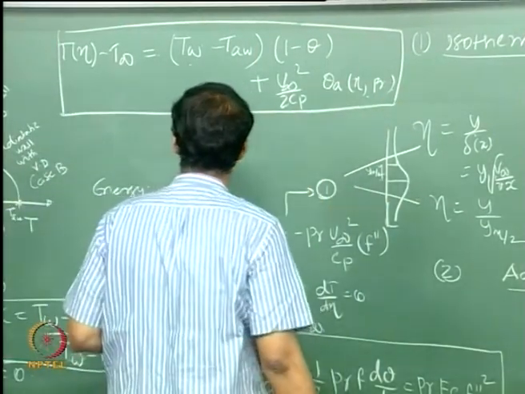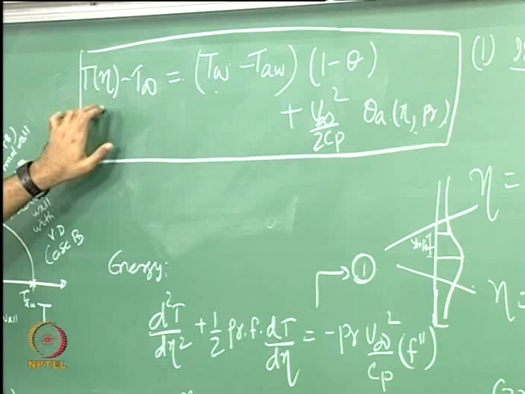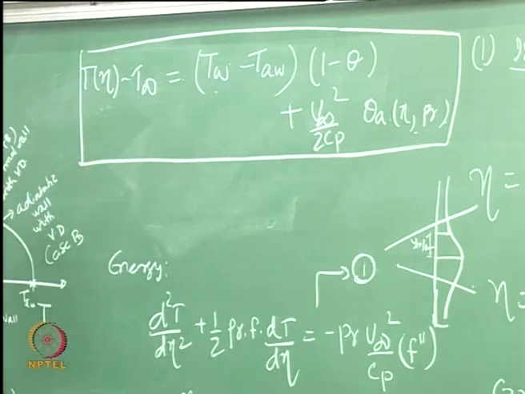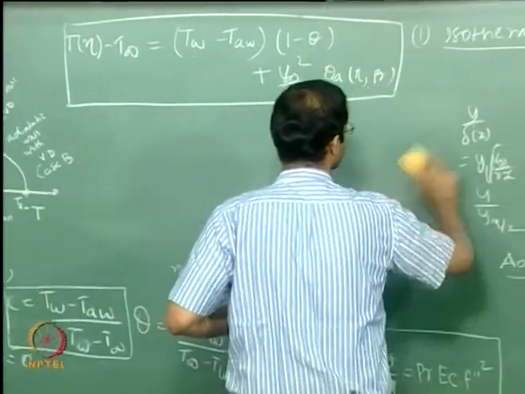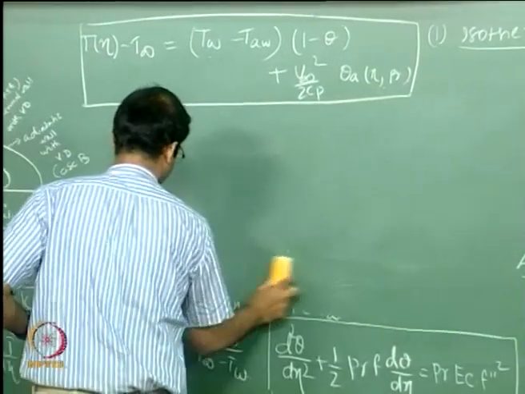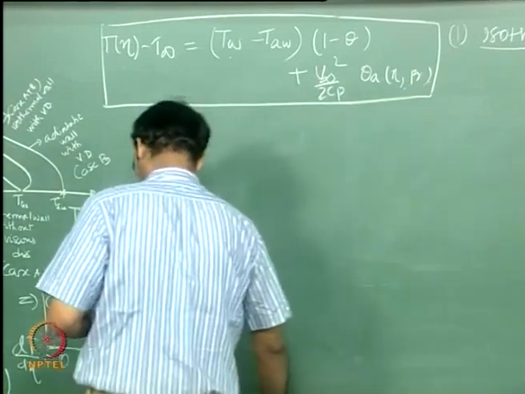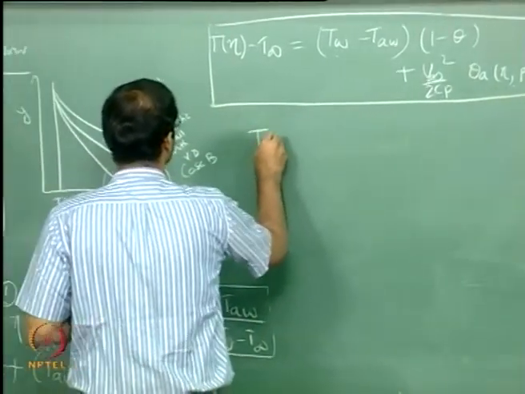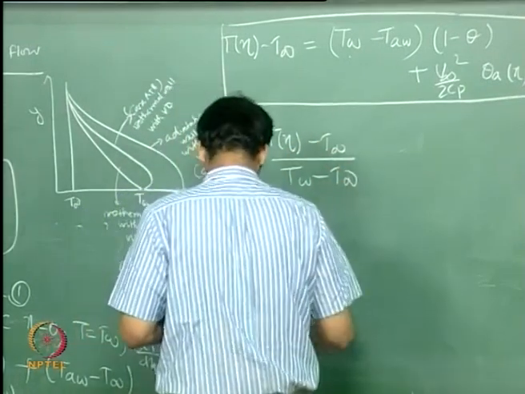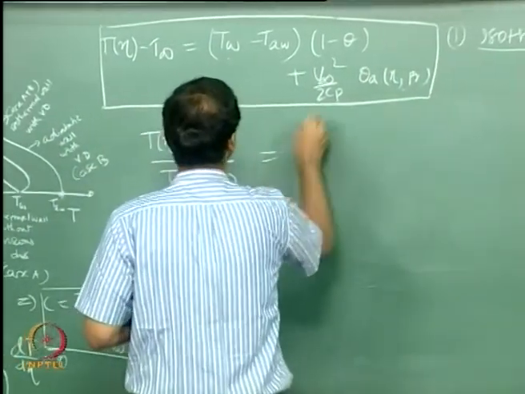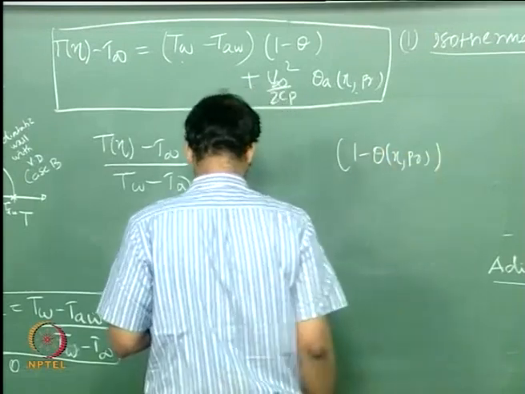I can also go one more step, I can non-dimensionalize this with T minus T infinity by T wall minus T infinity. So I can divide throughout by T wall minus T infinity, so that I get a final expression for non-dimensional temperature. This will be still 1 minus theta, which is a function of eta and Prandtl number.